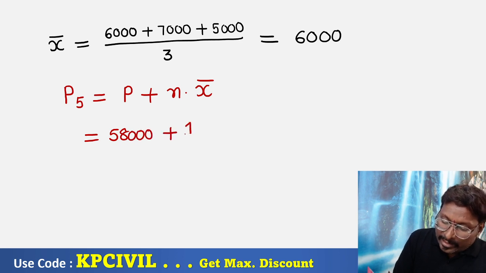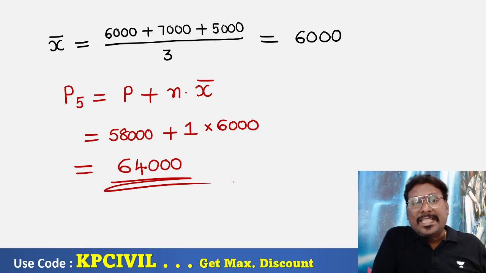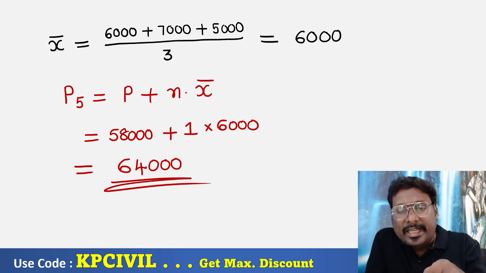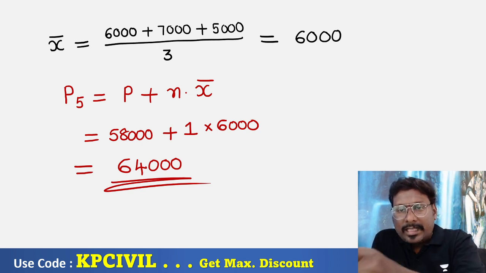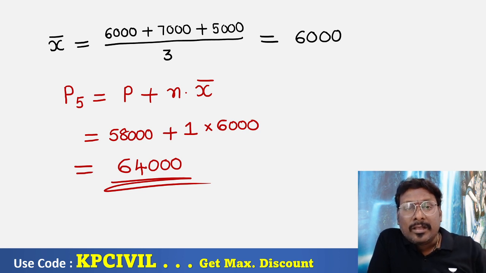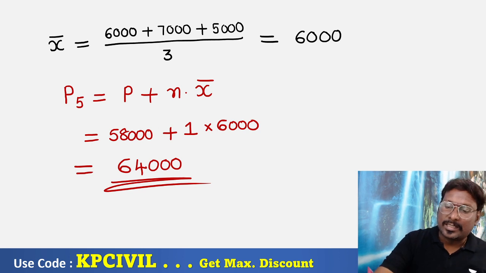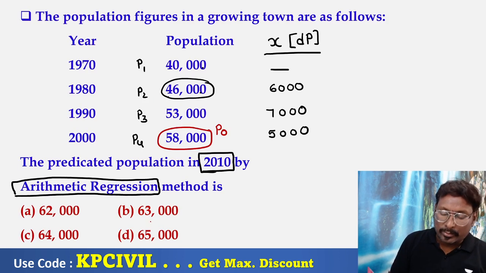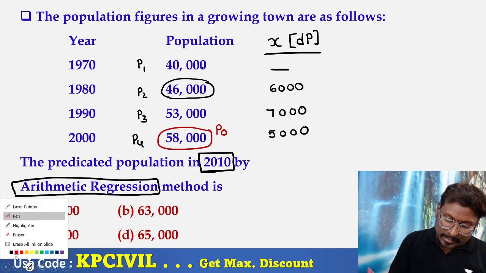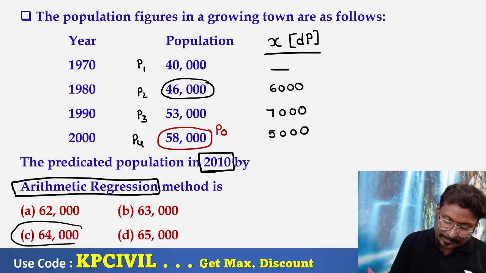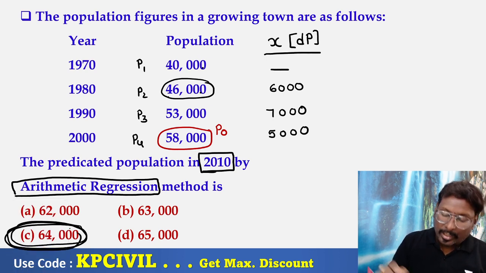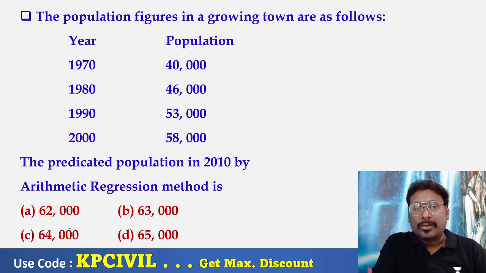Immediate decade, so N is 1. x bar is 6,000. That gives 64,000, because only the next decade is required, N equal to 1. 64,000 is option C.